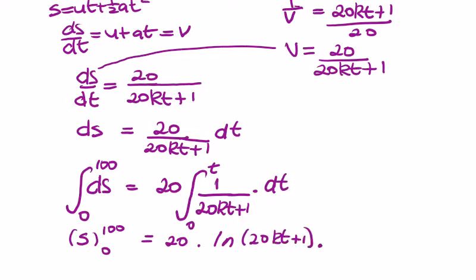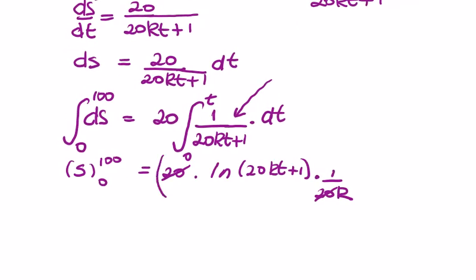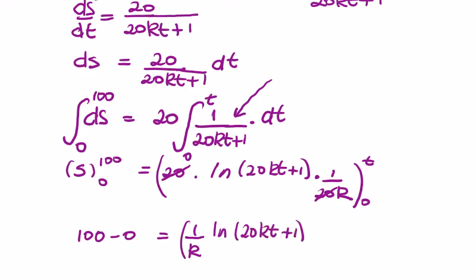And then we'd have to multiply by, if we differentiate this with respect to t, 1 over 20k, and our 20s will cancel, and this was all between t and 0. So we're going to get 100 minus 0 is equal to, tidying this up, 1 over k times the natural log of 20kt plus 1 between t and 0.